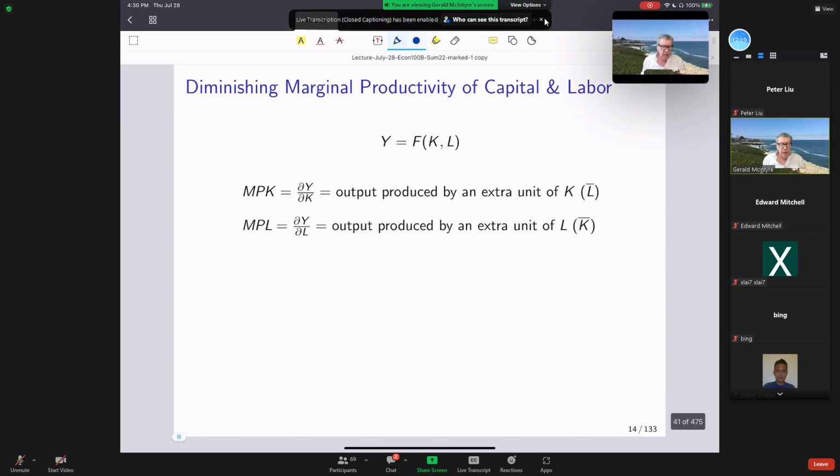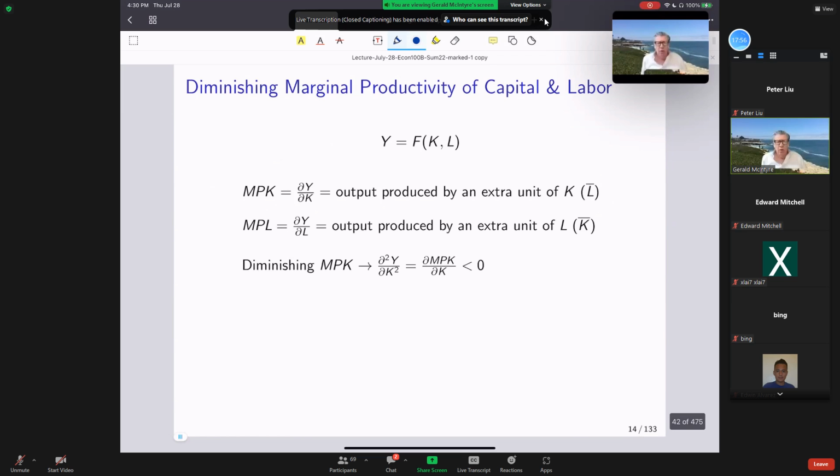The marginal product of labor, the MPL, is the partial of the function with respect to L. And it says if you keep capital fixed and increase this by 1 unit, how much extra output do you get? Okay, and that's the partial derivative here. So if you have the same factory, same pieces of machinery and equipment, everything else the same, but you hire one extra worker that day, how much extra output does that factory produce in that particular day? That could be associated with that extra one worker, and that would be the marginal productivity of that worker.